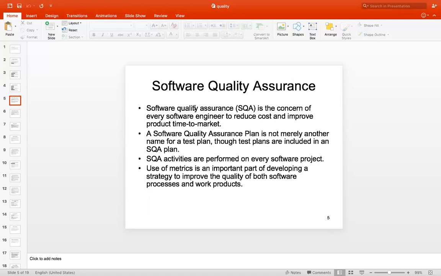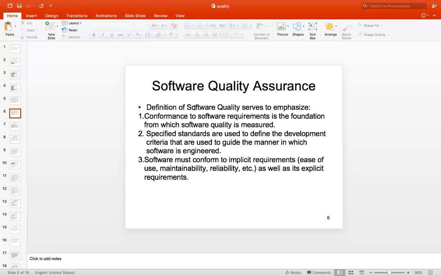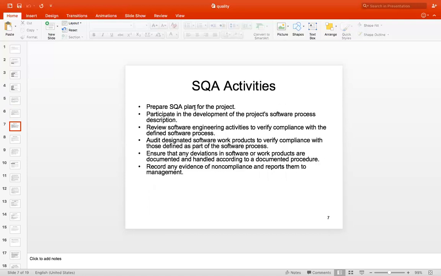So all these things we learned, and we came to learn what are the software quality assurance activities. So by performing which activities or by following which steps, we make sure that we assure the software quality. Okay, these are the things which we learned in today's session.